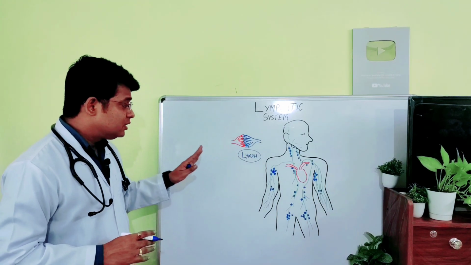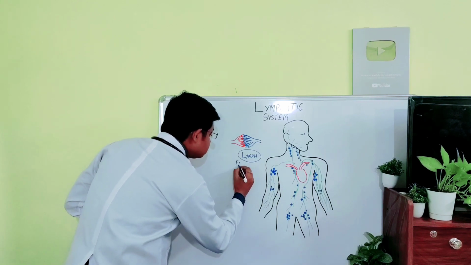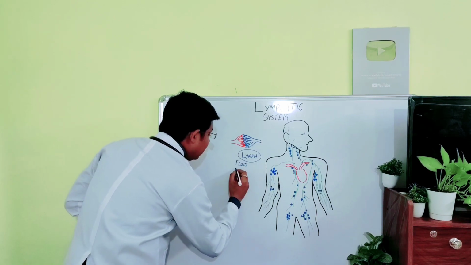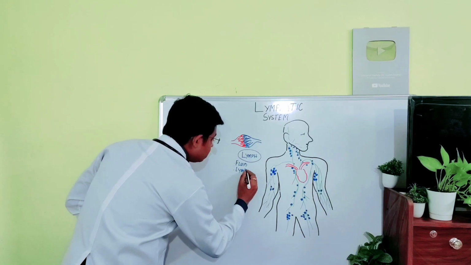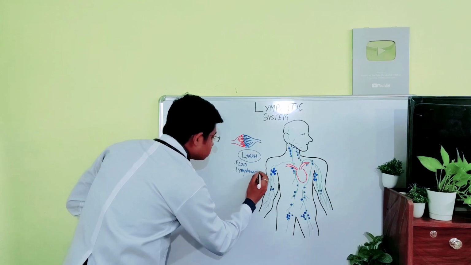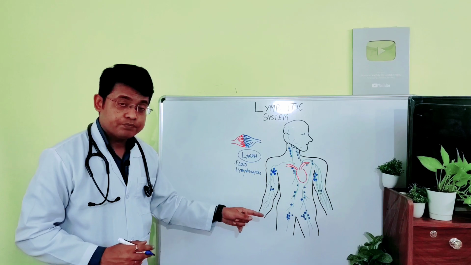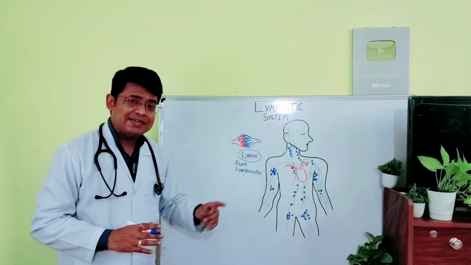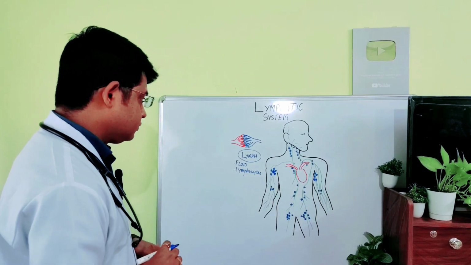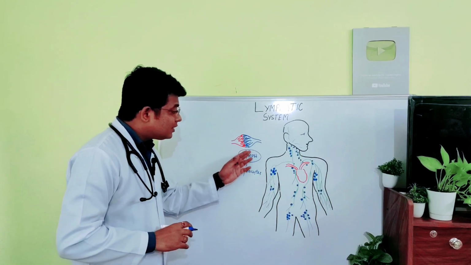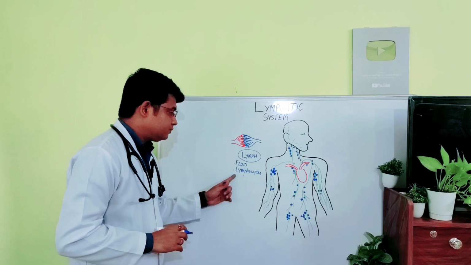The lymph is comprised of a fluid portion and the cellular element, that is mainly lymphocytes. Besides the lymphocytes, a few macrophages are also present.